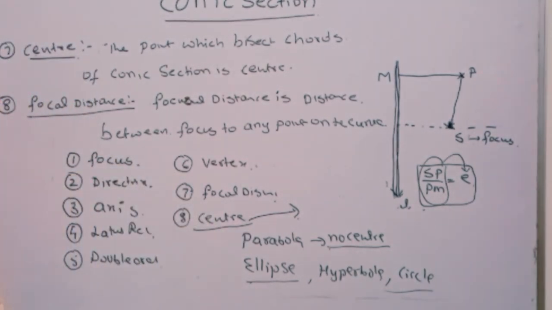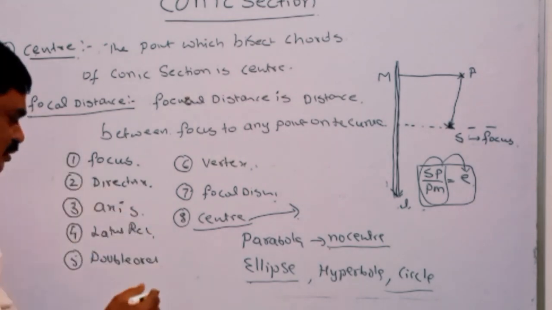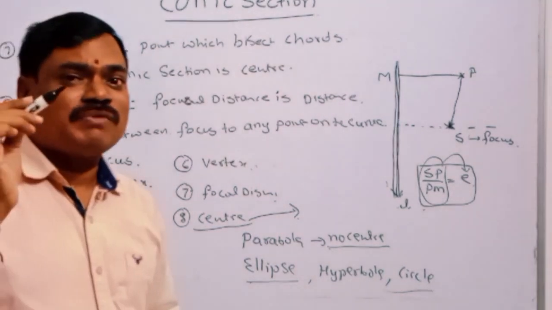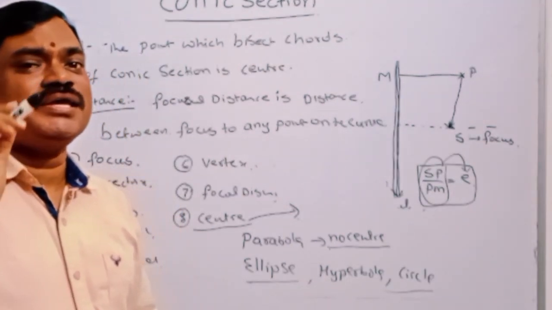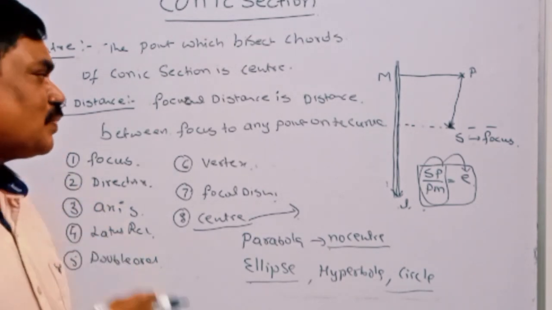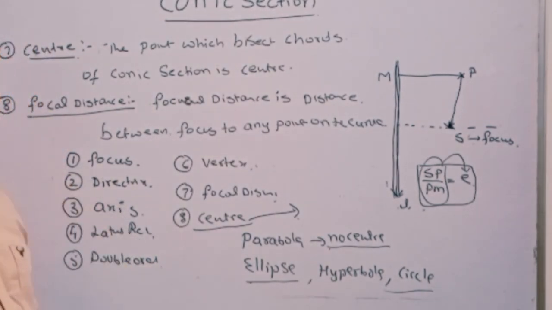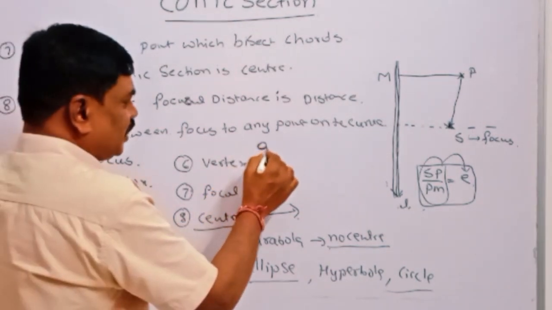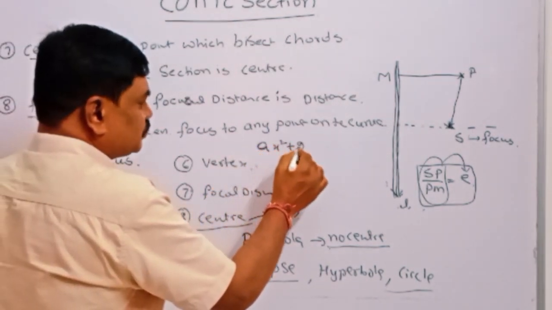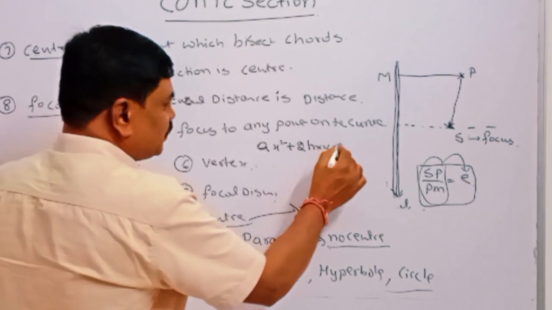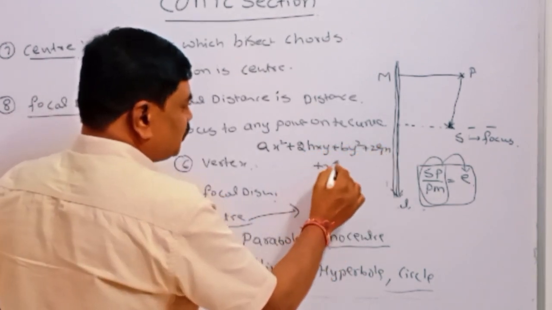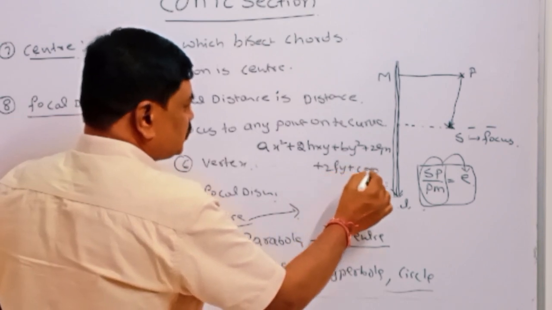So what is the equation of the conic section? The equation of the conic section is in the form of a quadratic equation in two variables, like this: ax square plus 2hxy plus by square plus 2gx plus 2fy plus c is equal to 0.